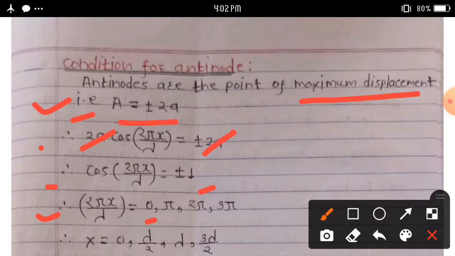Then 2πx/λ is equal to π, then cos π is equal to minus 1. In this way we get the values and then calculate x is equal to 0, next λ/2, next λ, and next one 3λ/2.